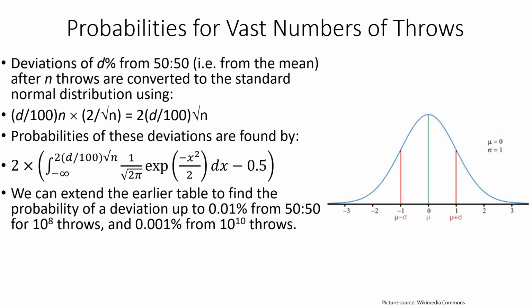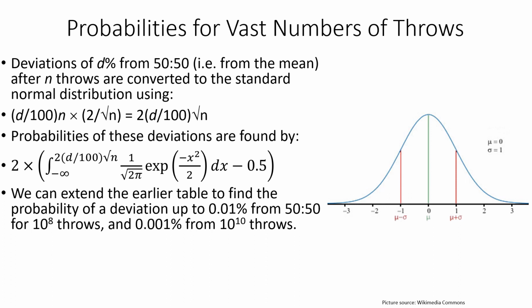That's very significant, because what we said before was that if you increase the number of throws by 2 orders of magnitude, then the percentage deviation went down by 1 order of magnitude for the same probability.